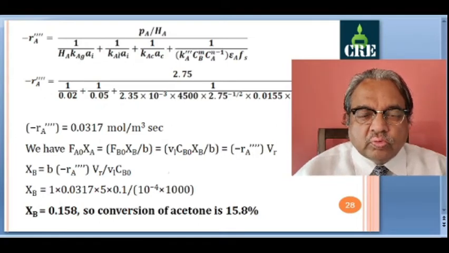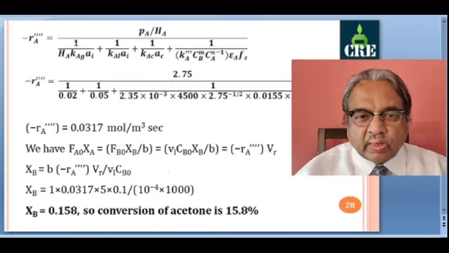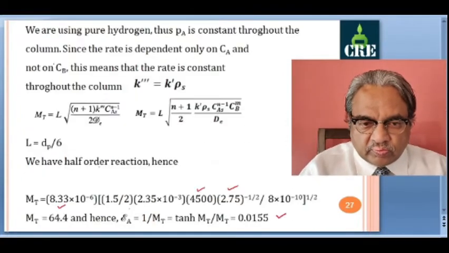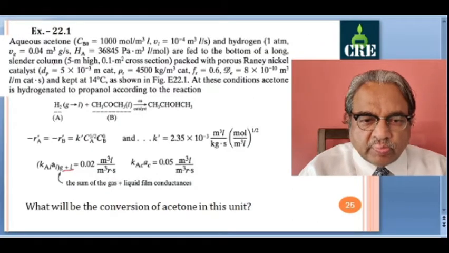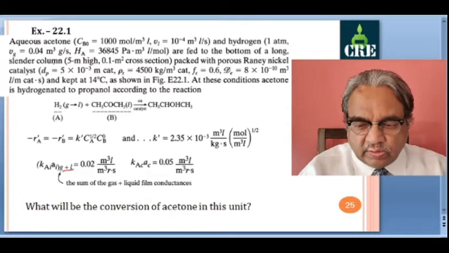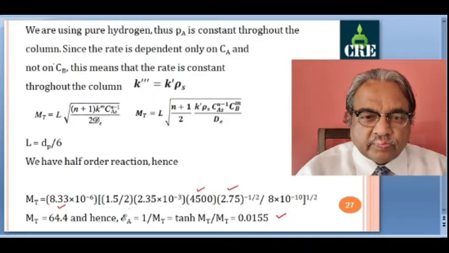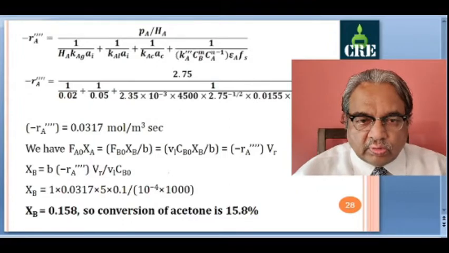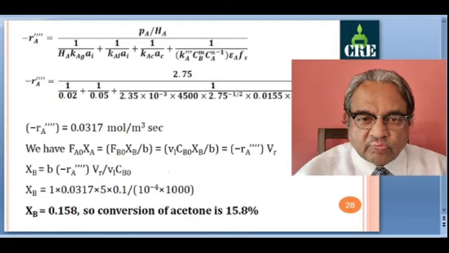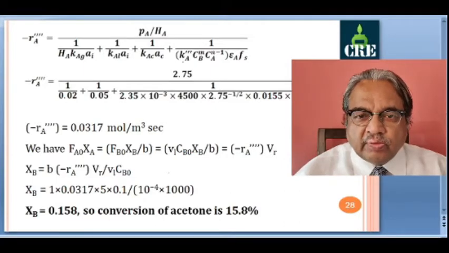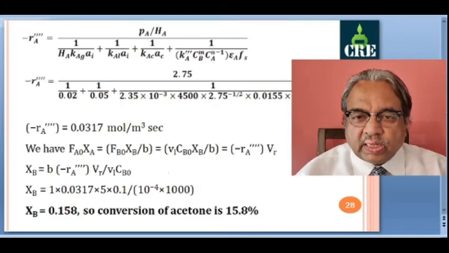These two coefficients are combined. So combined resistance is given, so 1 by that value. You can see here the combined resistance is given as 0.02 and KAC AC is 0.05. So this combined resistance, combination of first two terms, then 0.05, this 1 upon KAC AC, and 1 upon K triple prime we know, rho s we know, 2.75, that is Ca raised to minus half.